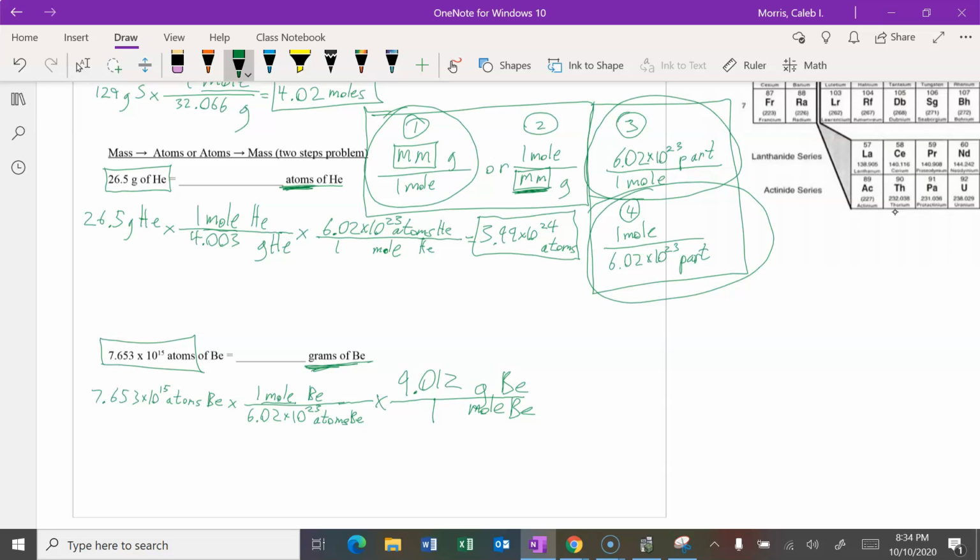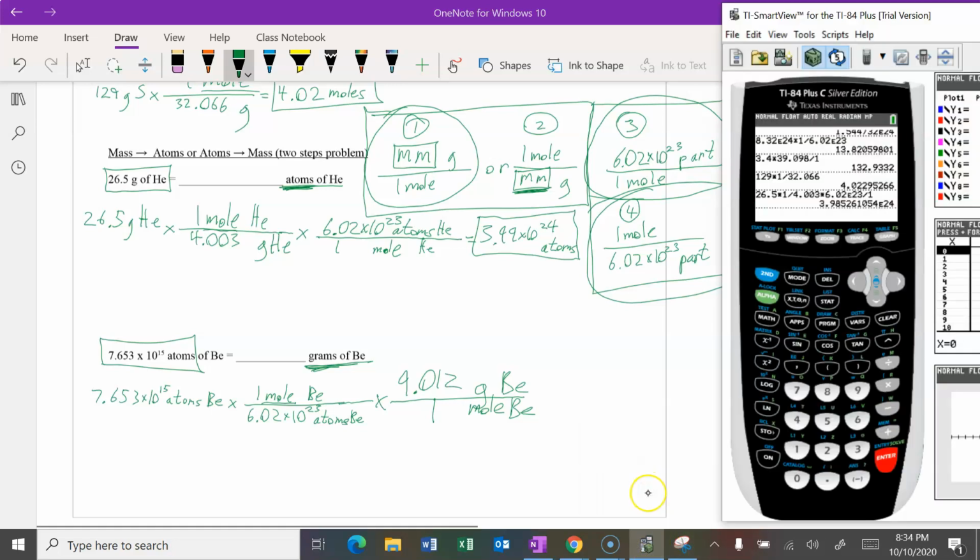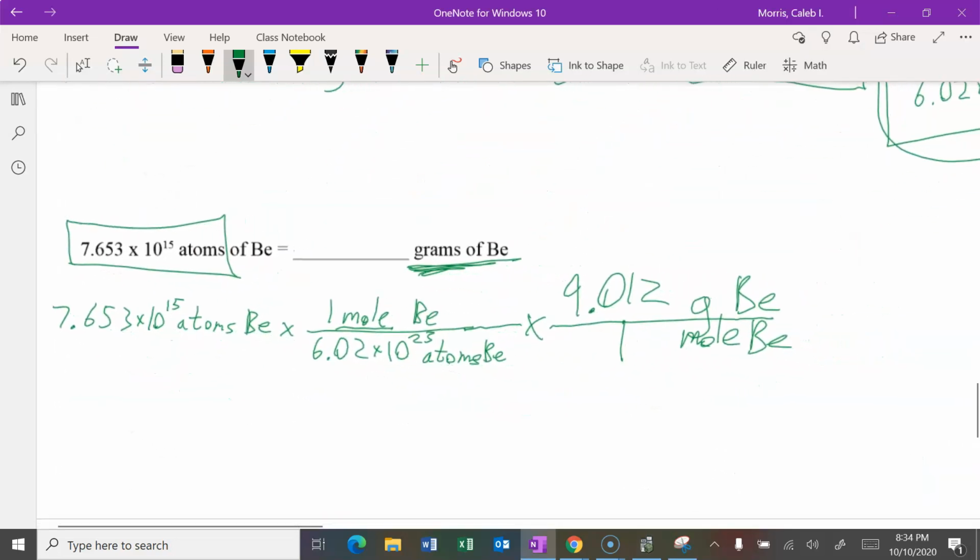Be careful with the calculator on this one. Make sure you enter it right. You will get the wrong answer if you don't use the E button correctly. So 7.653.